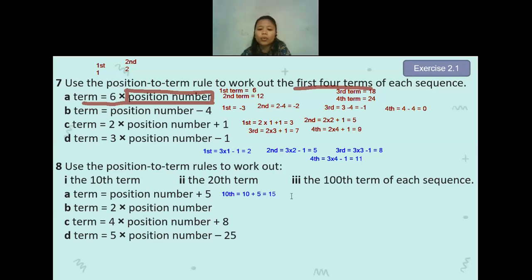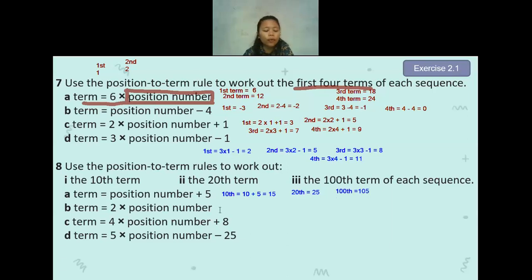And then for the 20th term, how many will it be? 25. Okay, good job, 20 plus 5. For the 100th term, 105.